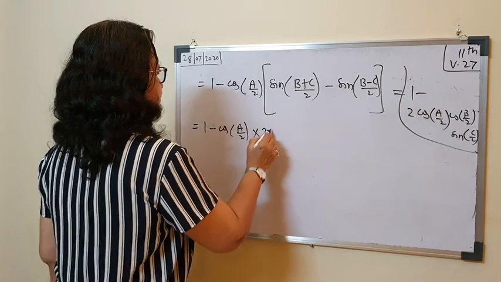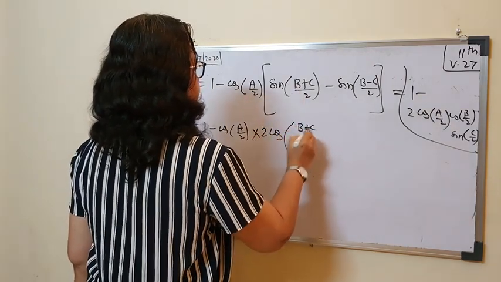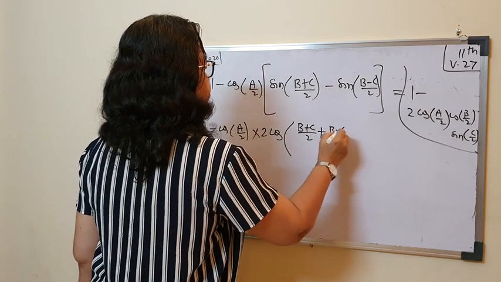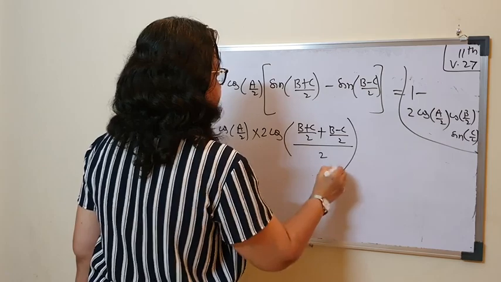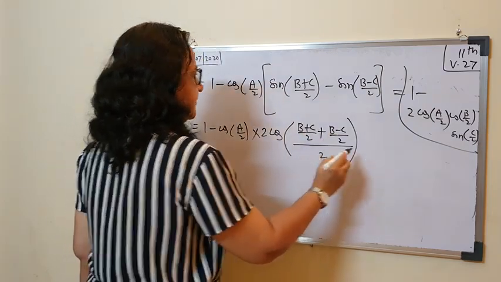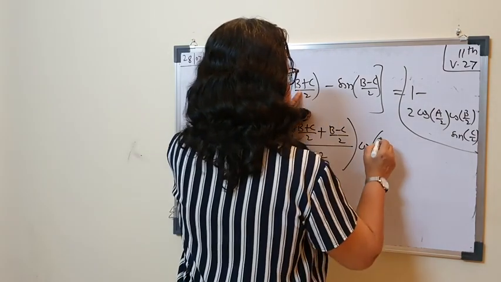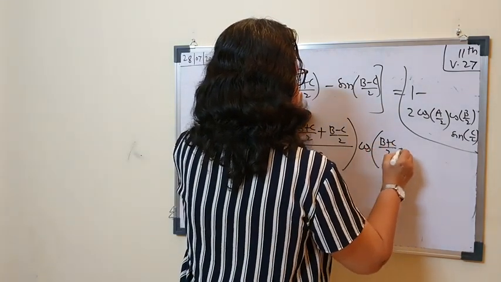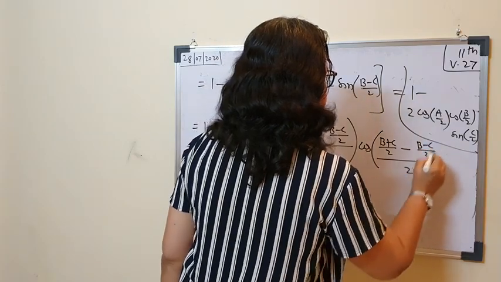Formula: 2 cos of (c plus d) upon 2, so (b plus c) by 2 plus (b minus c) by 2. You have to always take c plus d, divide by 2, and then again cos. Now c minus d: so c is (b plus c) by 2, minus d is (b minus c) by 2, and divided by 2.